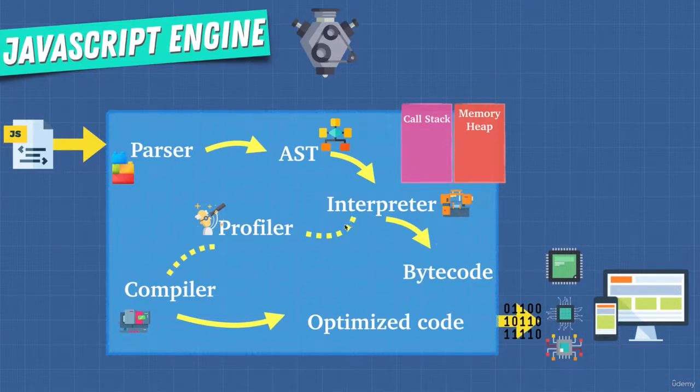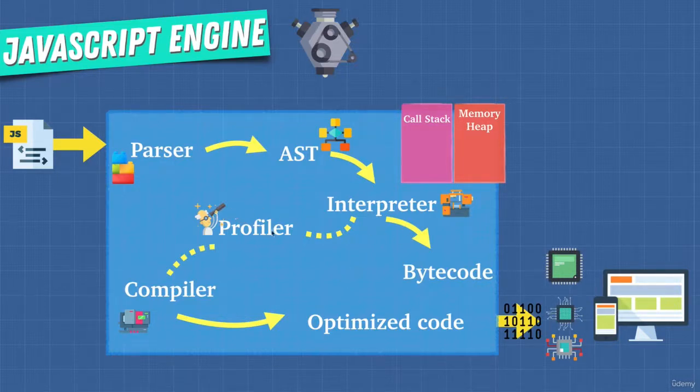But then we see over here that there's something called a profiler, this old man that's checking out our code. And this profiler, also called a monitor, monitors and watches our code as it runs and makes notes on how we can optimize this code, such as how many times it is being run, what types are used, and how we can possibly optimize this.